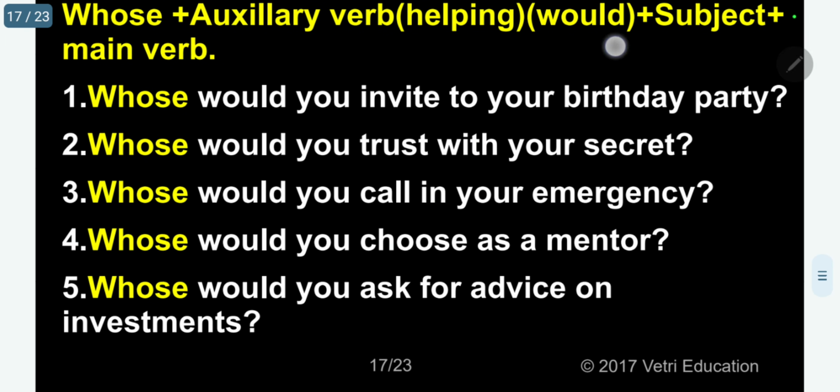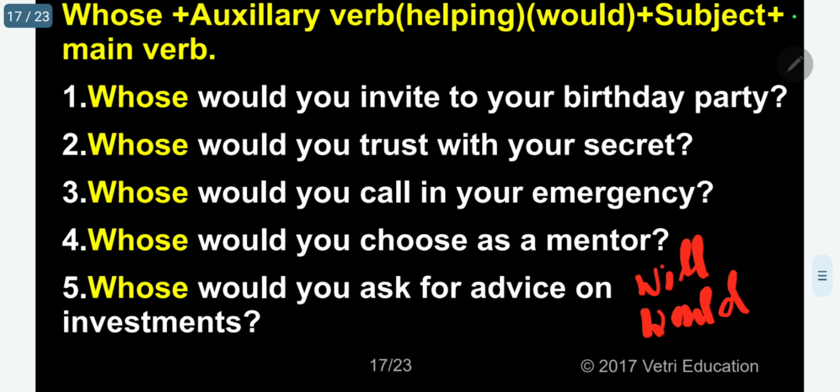Now the corresponding would. My dear students, I have repeated many times, would is not the past tense of will, because will is a future tense, would is also a future tense. So both are future, how can past tense come? You understand this concept. In future, past will not come.